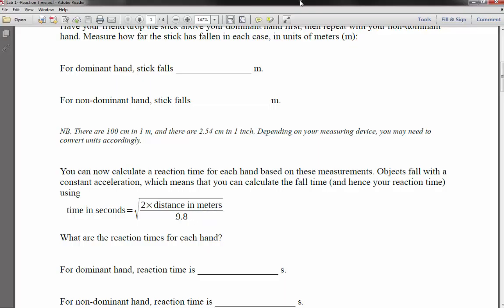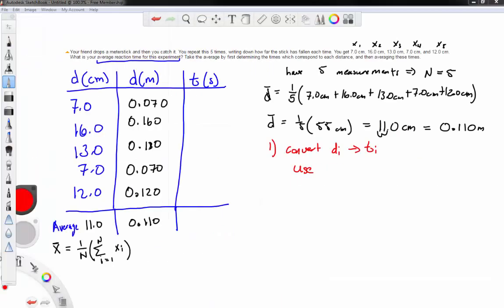So what this equation really looks like is that you can say T is equal to square root of 2 times D over G. So this right here is time is equal to square root 2 times distance divided by 9.8.